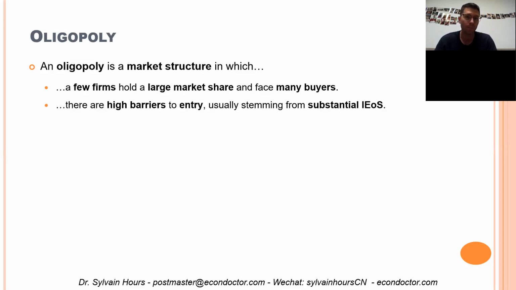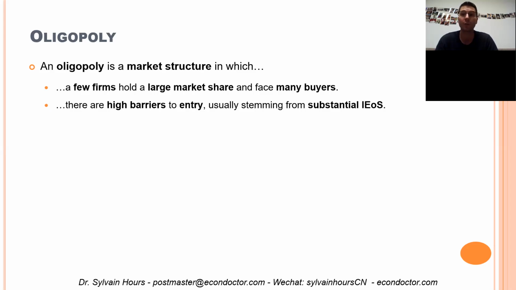And usually in an oligopolistic market, the reason for the high barriers to entry is the existence of substantial internal economies of scale. Basically, the firms already in the market have a large market share and operate at a high scale of production, so they benefit from substantial economies of scale.